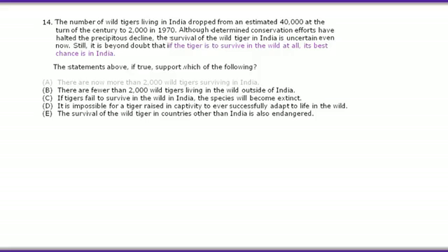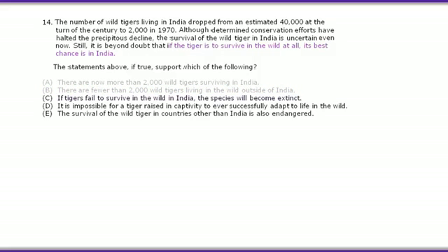Similarly, the statement in answer choice B is not something that must be true. Again, you don't know the exact numbers of wild tigers, whether in India or anywhere else. Possibly, there are fewer than 2,000. Possibly not. Answer choice B won't work, so keep moving.